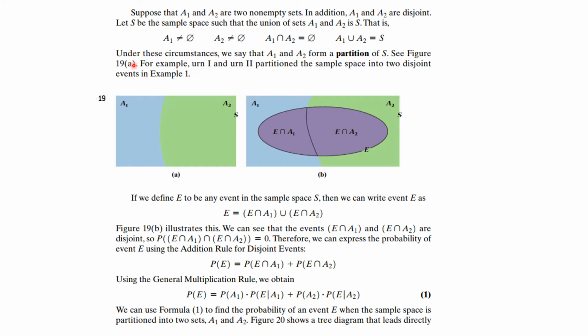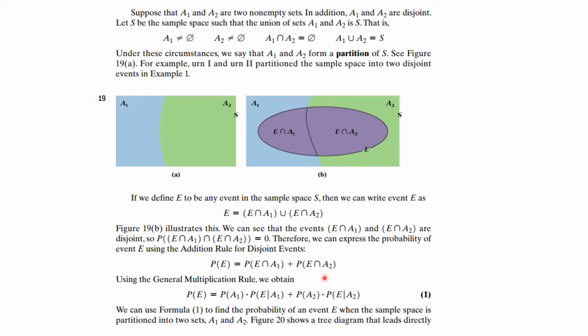Now we're going to generalize that a little bit with theory, but again, I encourage you to draw a picture. It can be fine. So if we split this space, the universal set, into A1 and A2, and then we take any set E, E has a piece of it that's in A1 and a piece of it that's in A2 because those are disjoint sets. So the probability of E is the probability of the piece that's in A1 plus the probability of the piece that's in A2.